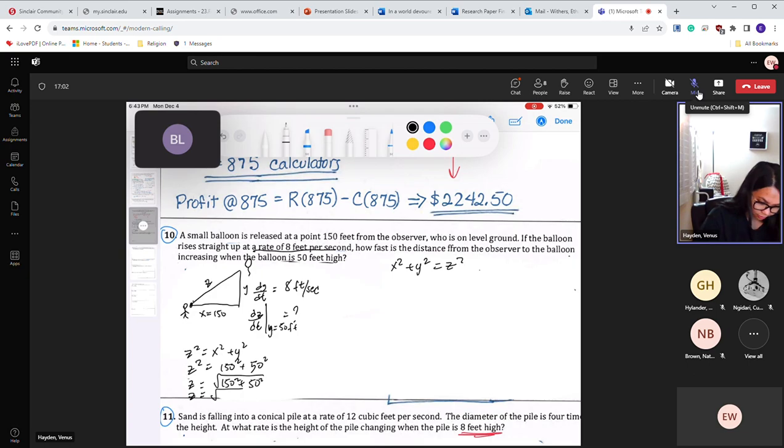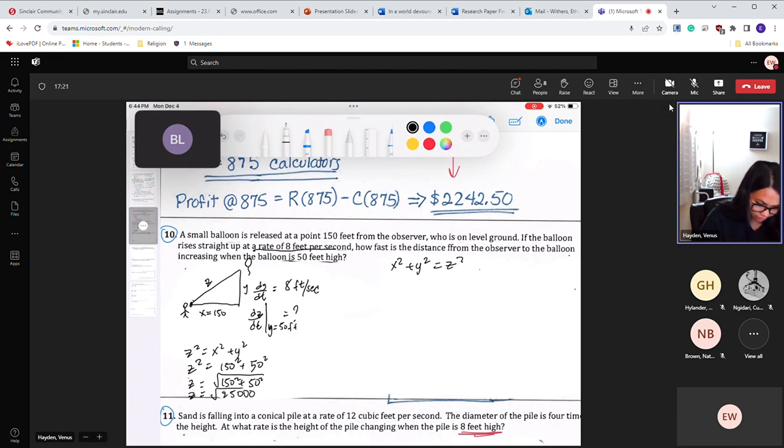z is equal to the radical of, when you actually add that up, 150 squared plus 50 squared, 25000, and that can be simplified as just 50 radical 10.